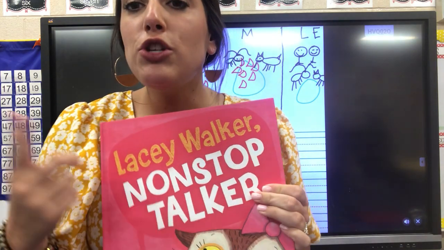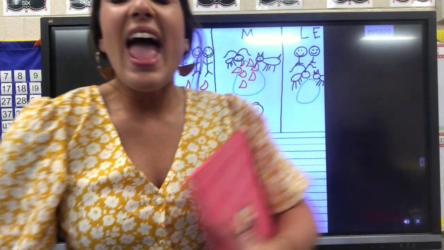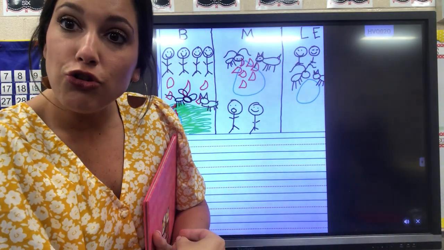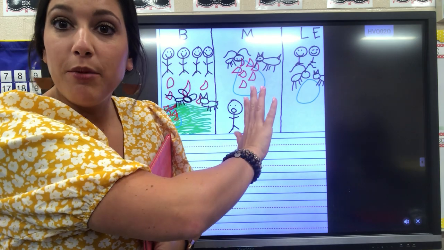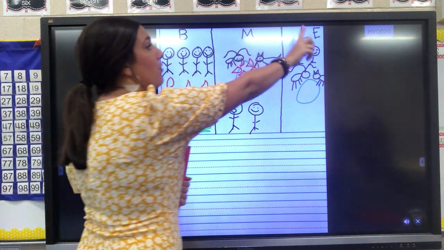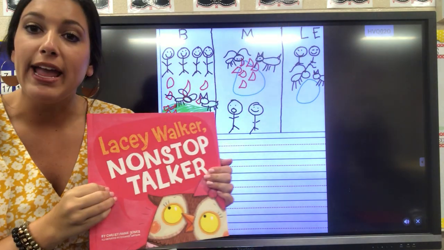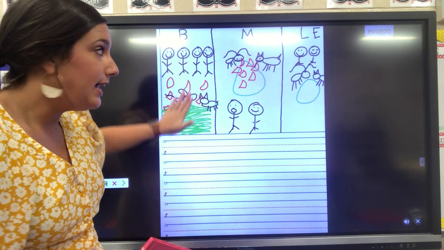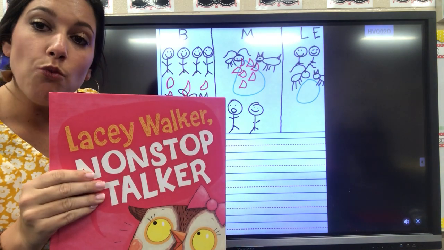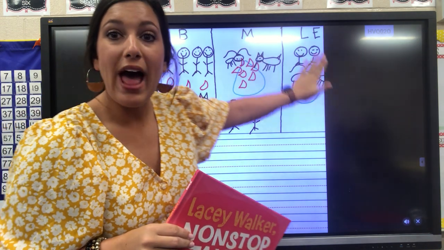So what you'll do is you'll listen to the story about Lacey Walker, Nonstop Talker, and then you're going to turn to the next journal page, just like we started with a blank one, and I want you to label it the beginning, the middle, and the end, or BME. And I want you to draw for me what happens at the beginning of Lacey Walker Nonstop Talker, what happens in the middle, and what happens in the end.